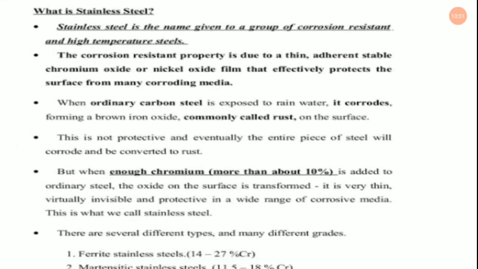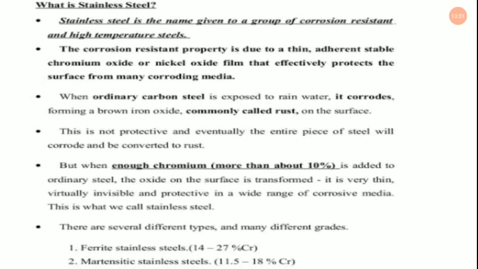Now, what is stainless steel? Stainless steel is the name given to a group of corrosion resistant and high temperature steels. The corrosion resistance property is due to a thin, adherent, stable chromium oxide or nickel oxide film that effectively protects the surface from many corroding media. When ordinary carbon steel is exposed to rainwater, it corrodes, forming a brown iron oxide, commonly called rust, on the surface.